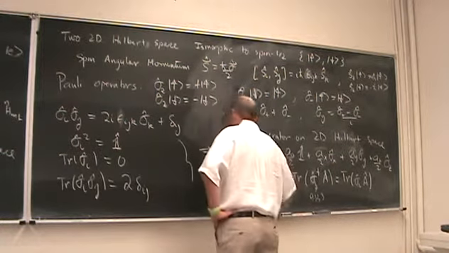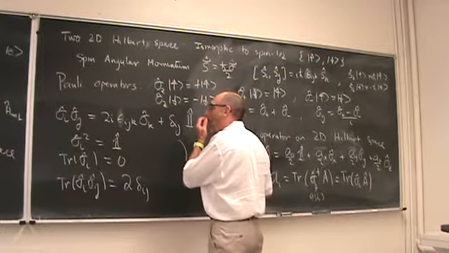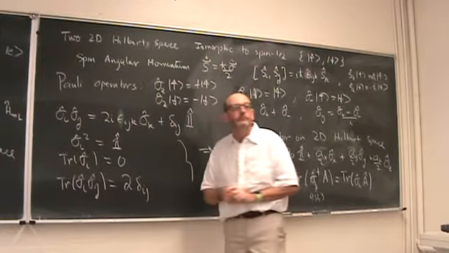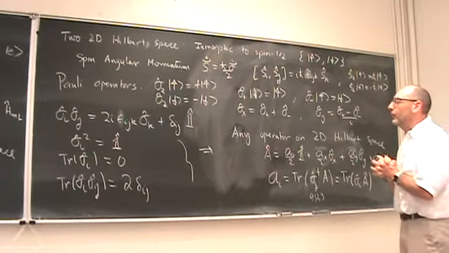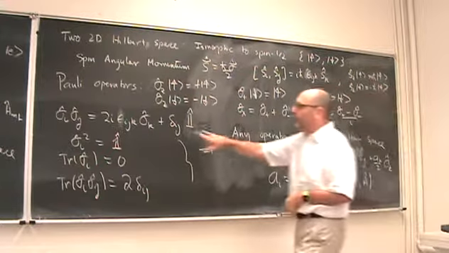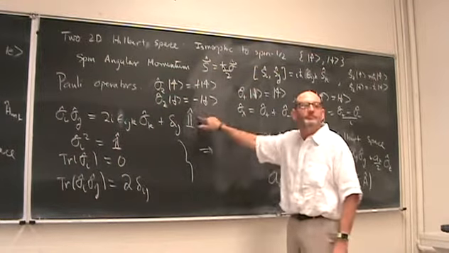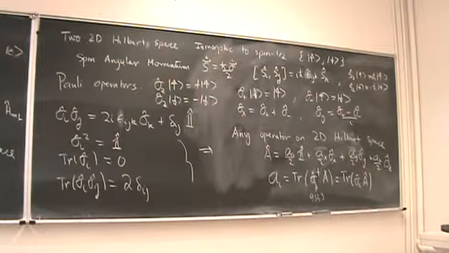Pardon me. That's screwed up. Right. So when you take the trace, this is traceless, and the trace of the identity is 2. That's why that factor of 2 is there, because it's the identity matrix in 2D.